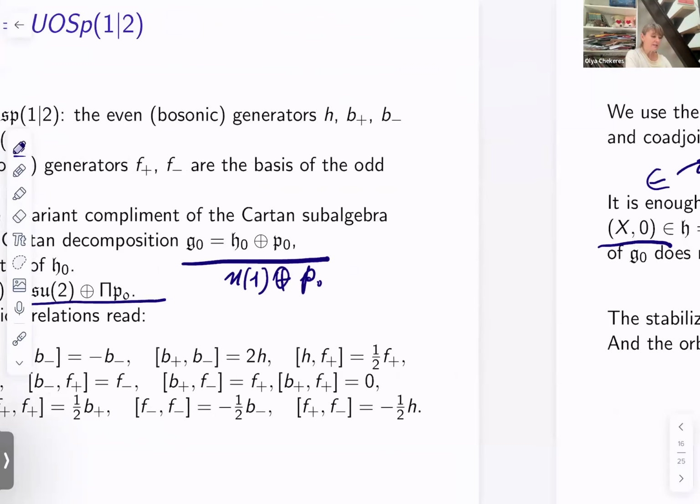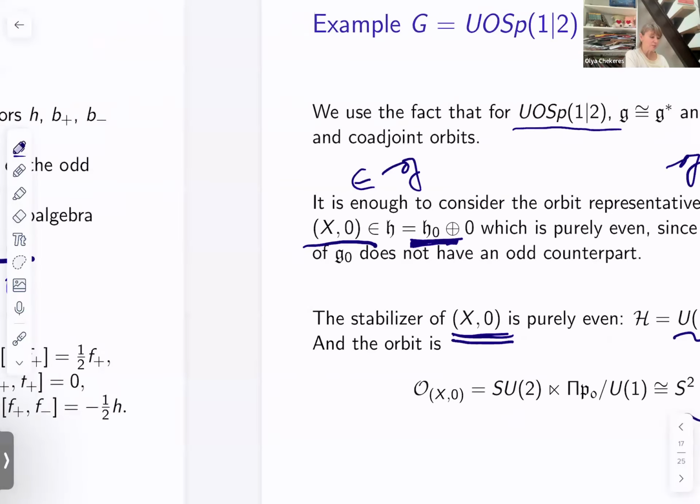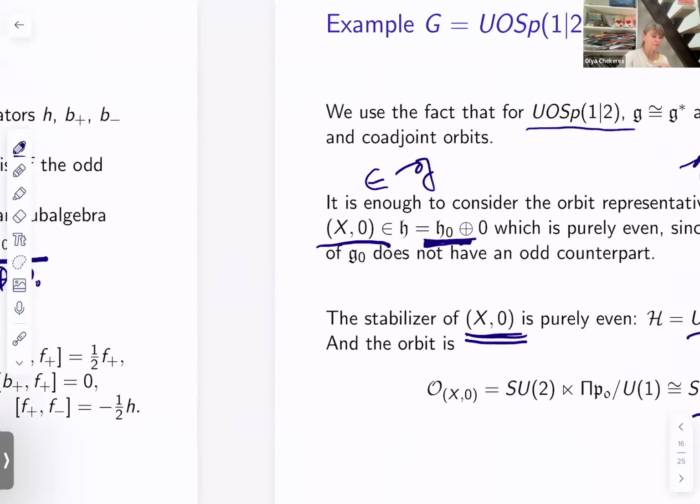And we see that in the UOSP algebra, there is no odd counterpart for the Cartan subalgebra. When we were looking at the structure of the algebra, we only add the invariant complement to the Cartan with the shifted parity. This is the odd part of the Lie algebra.